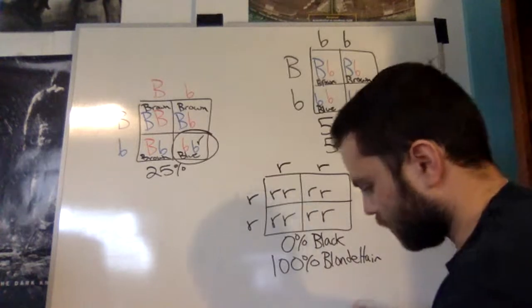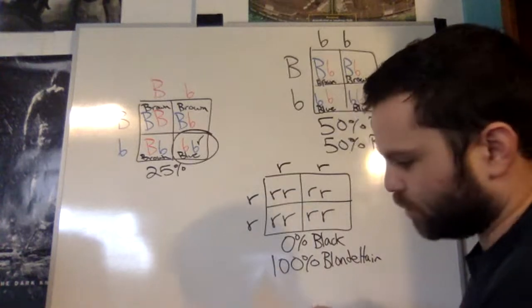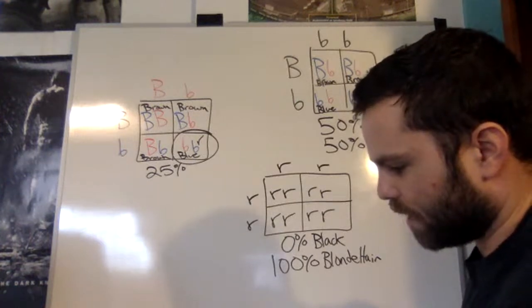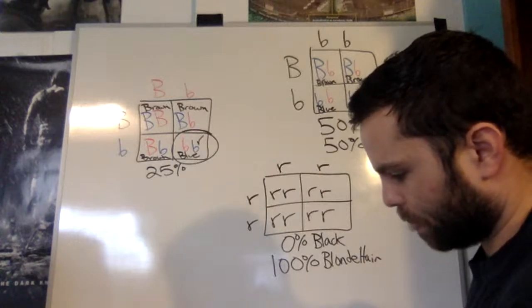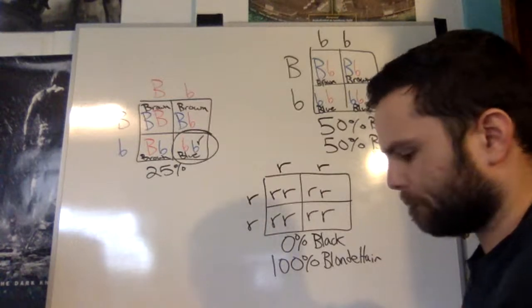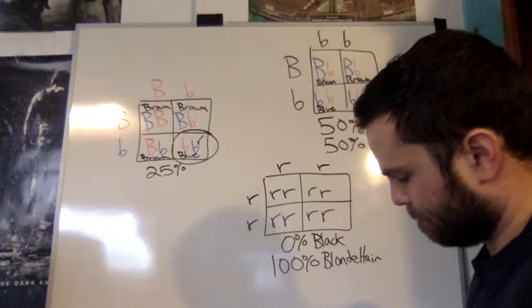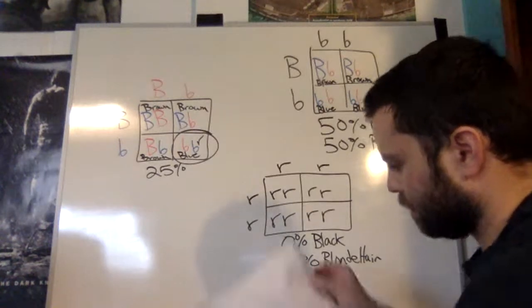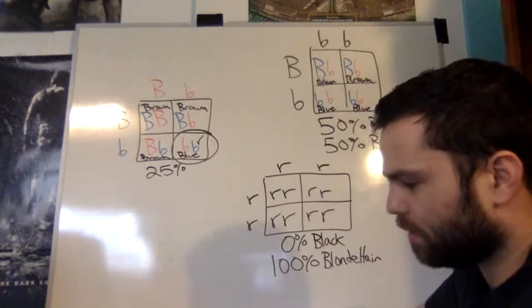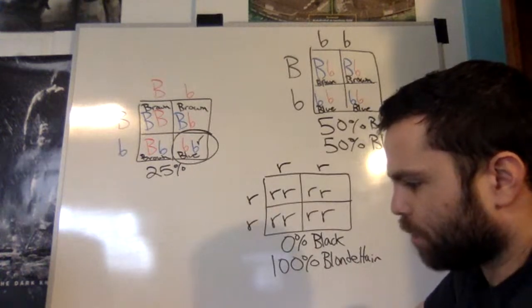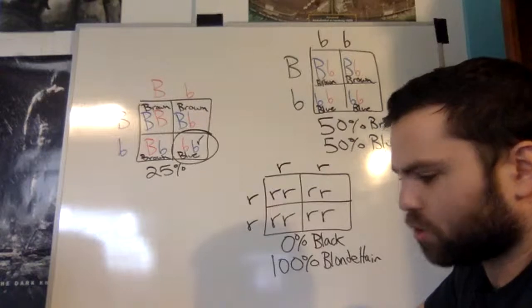All right, so we did that one. I just printed out our test. Which of the following is not heterozygous? We did that one already. Okay. On the last one, which of the following cannot be a percent of a Punnett square?